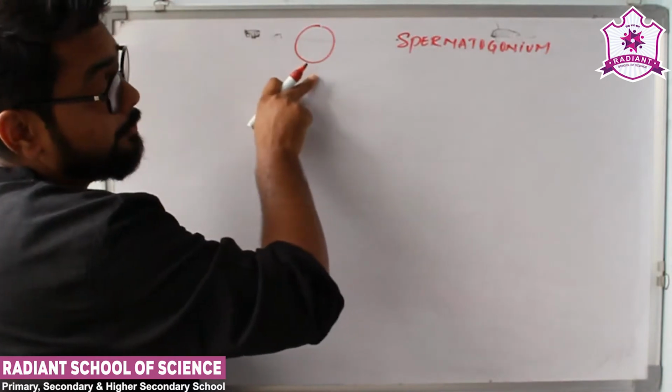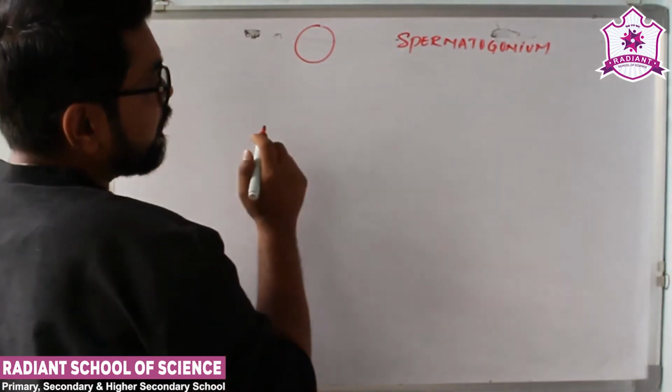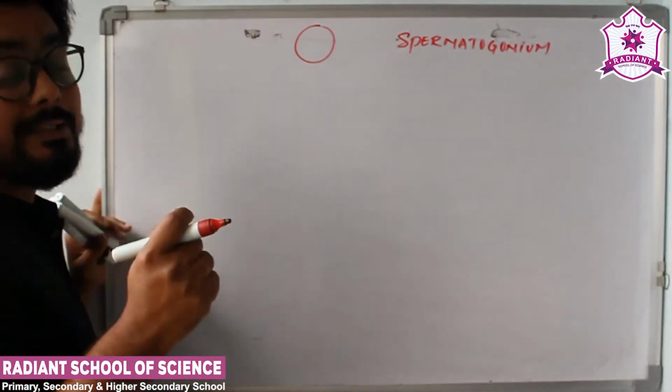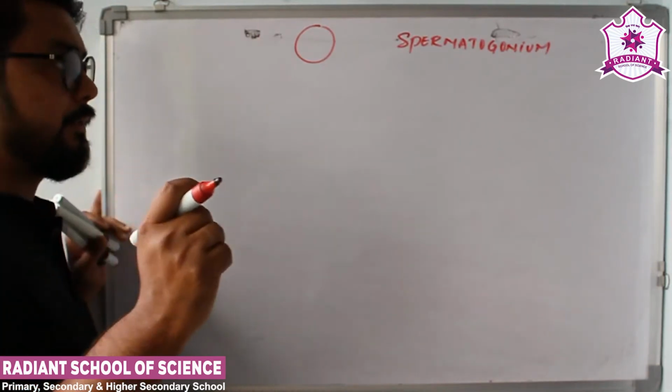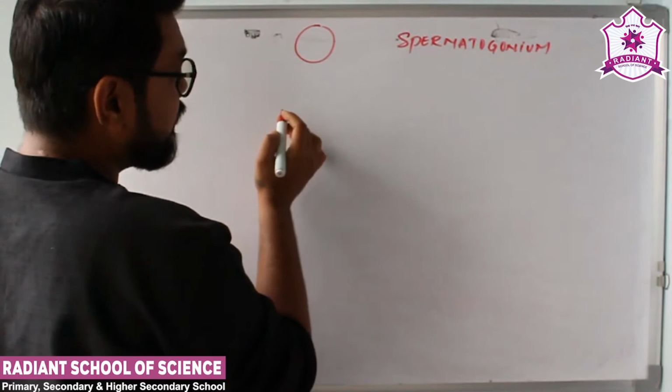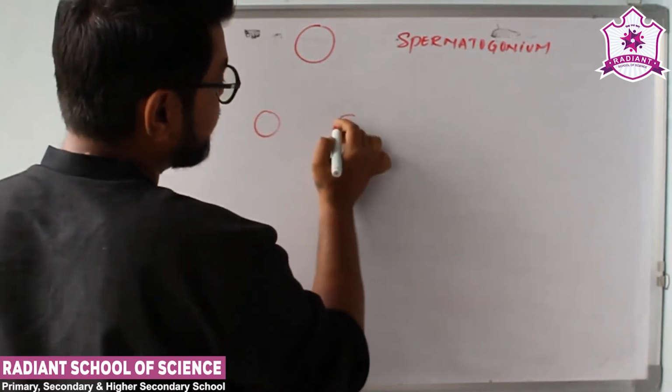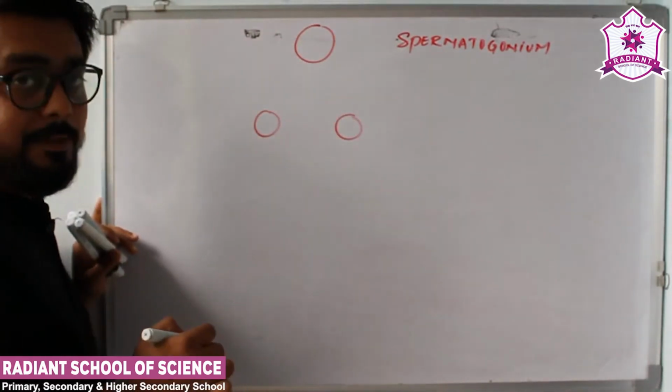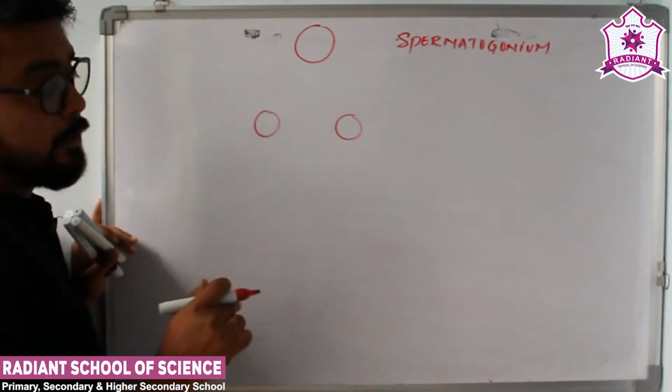Those spermatogonium undergo mitosis. The first process that takes place is mitosis. When mitosis happens, it forms two cells. Mitosis and meiosis you have studied in 11th, so you have a clear idea. So it forms two cells.